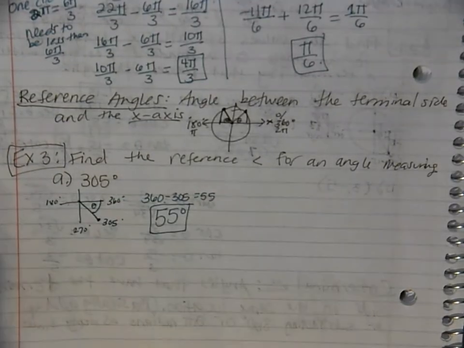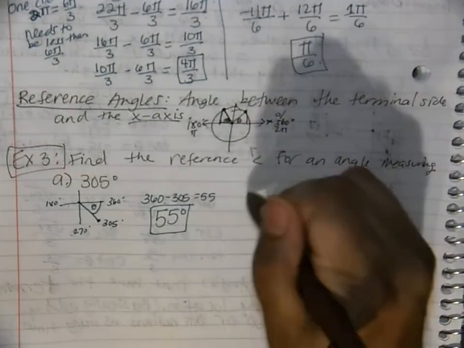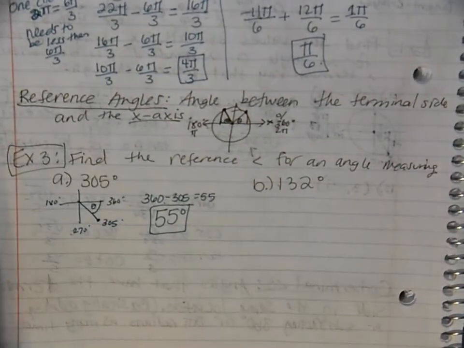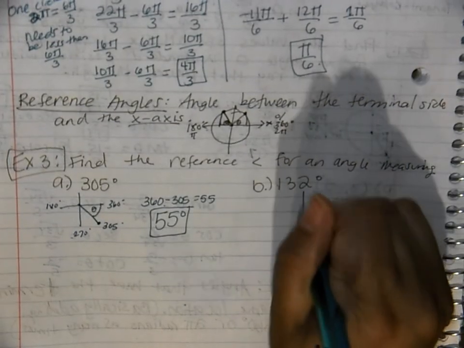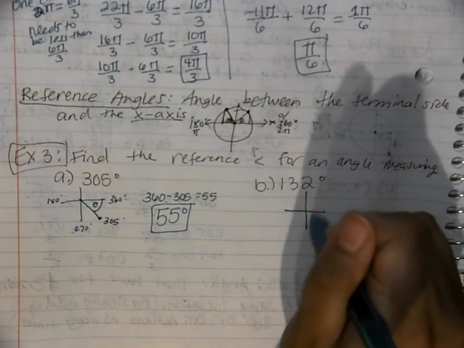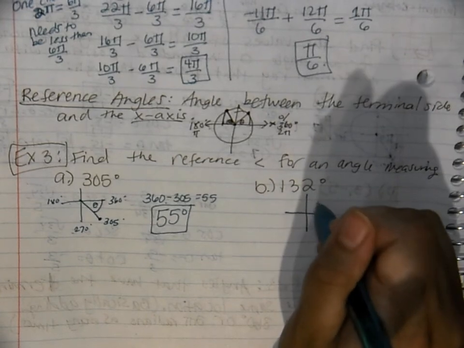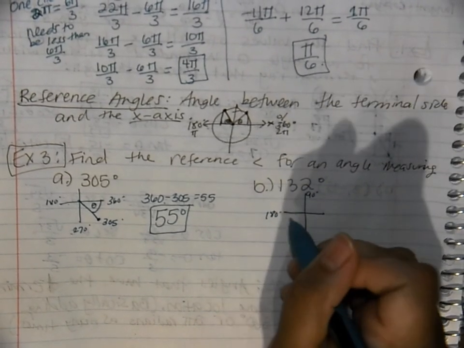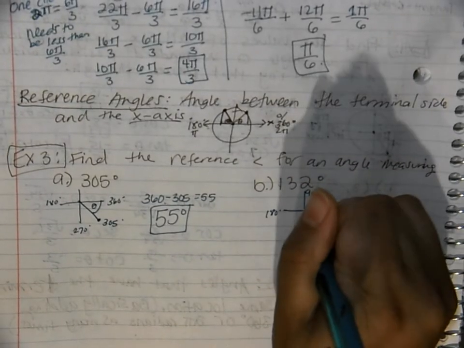So let's see another one. What if it was not in this location, but let's say it was at 132 degrees? If I was to plot this on my coordinate plane again, or my unit circle, we know 90 degrees is up here and 180 is to the left here. And so 132 would fall somewhere in here.